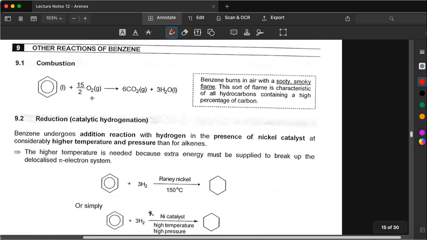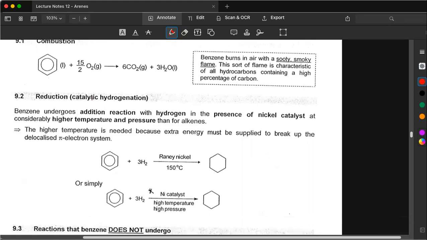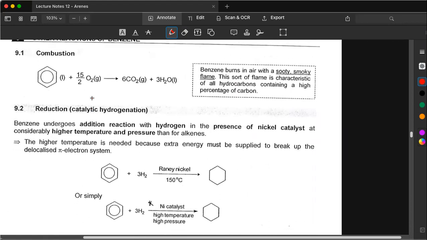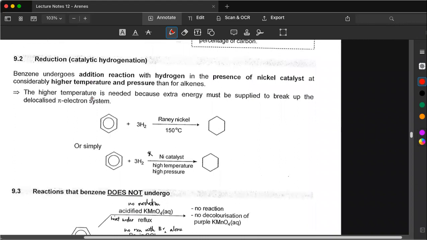Of course, there are other reactions of benzene like combustion. Because of the high percentage of carbon, we expect the flame to be sooty, smoky. There's also reduction. Benzene undergoes addition reaction with hydrogen in the presence of nickel catalyst at higher temperature and pressure than for alkenes because of the extra energy needed to break the delocalized pi electron system.